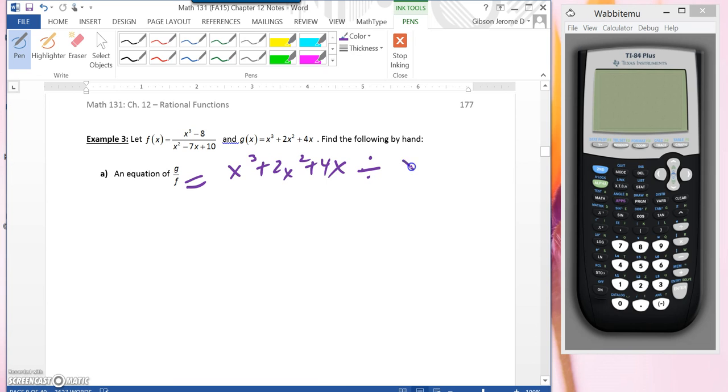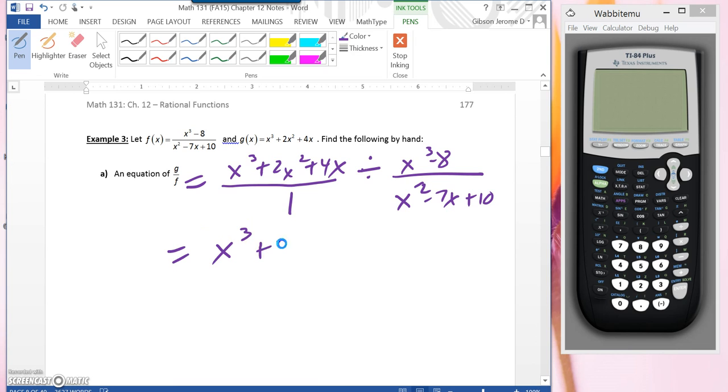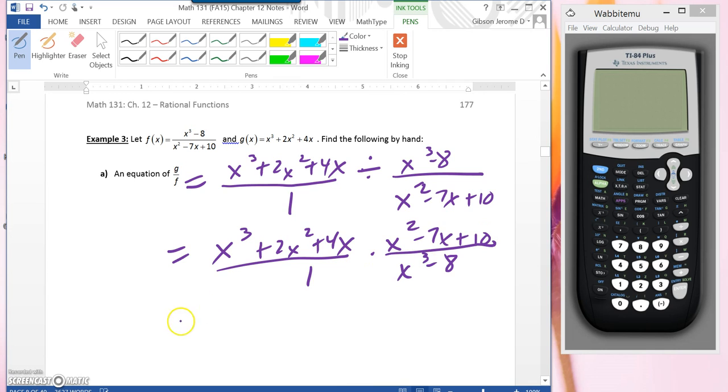So it'd be divided by x cubed minus 8 all over x squared minus 7x plus 10. Now we know this could be assumed to be over 1. So it'll be x cubed plus 2x squared plus 4x all over 1 times, it'll be x squared minus 7x plus 10 all over x cubed minus 8.